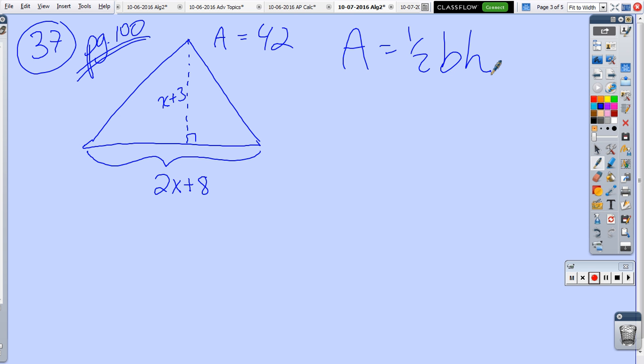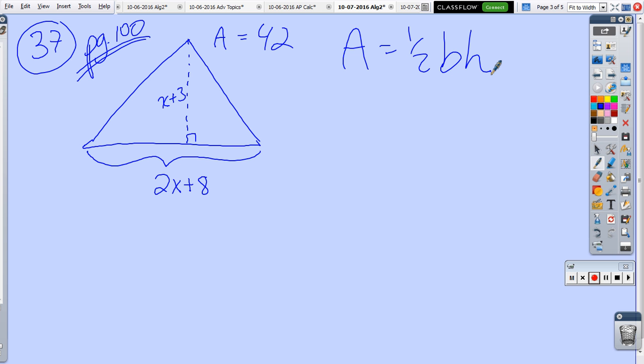When we say base times height, the height must be perpendicular to the base, just like here we have BH. The height must be perpendicular to the base, as it's being shown here. Let's go ahead and knock this out.